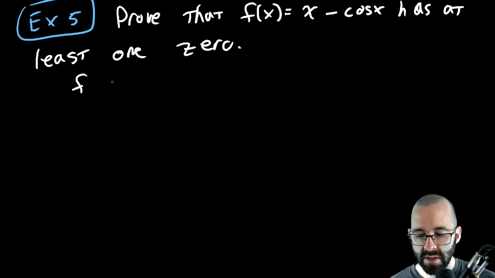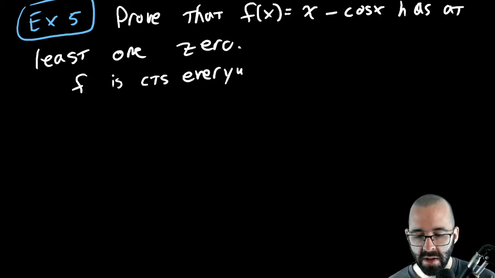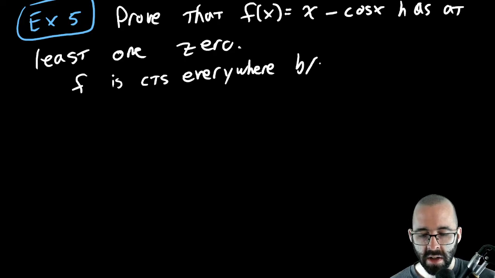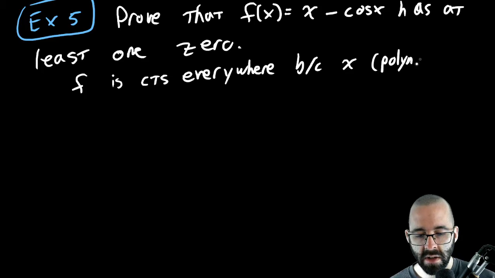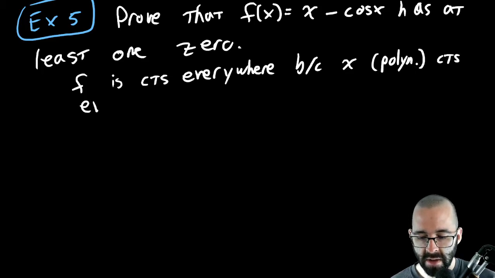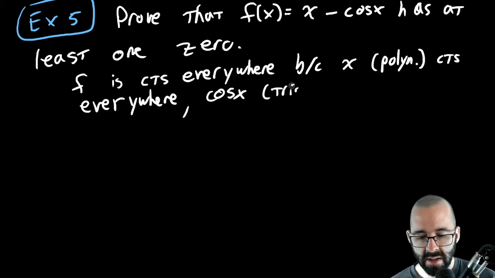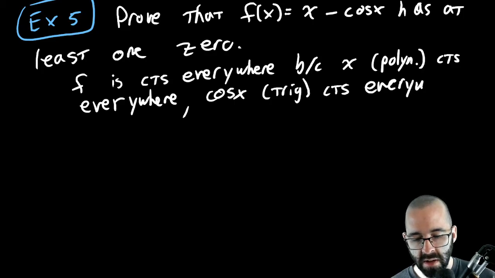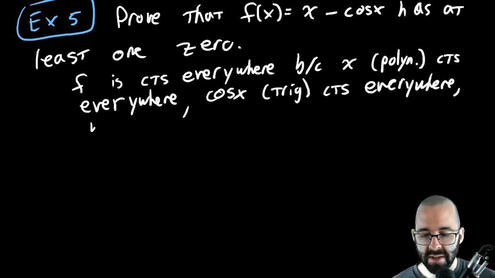F is continuous everywhere because x is a polynomial, is continuous everywhere. Cosine of x is trig. We showed that it's continuous everywhere. And we can use limit laws.